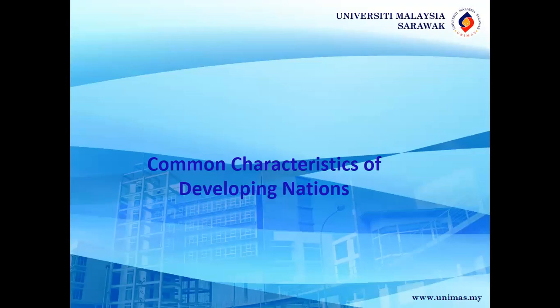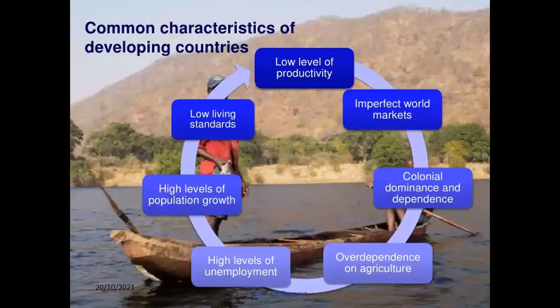So the next topic is on the common characteristics of developing nations. Right. All right. So maybe I spend around half an hour on this, quickly. So the common characteristics of developing nations, number one, a low level of productivity. Productivity here means how much you can produce in a day or in an hour and so on, in terms of value, the value of the work.